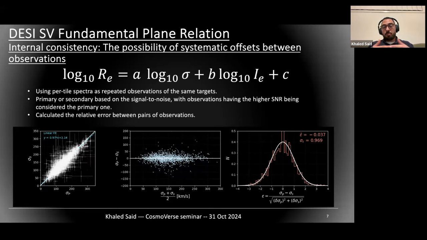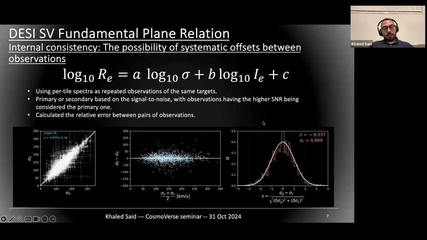We don't stack them, we compare them. If the same target has been observed twice, do we get the same result or a different result? Because if we get different results, that will be a source of systematics. And if we don't know what that is, we cannot correct for it. That will be bad when it comes to cosmology.